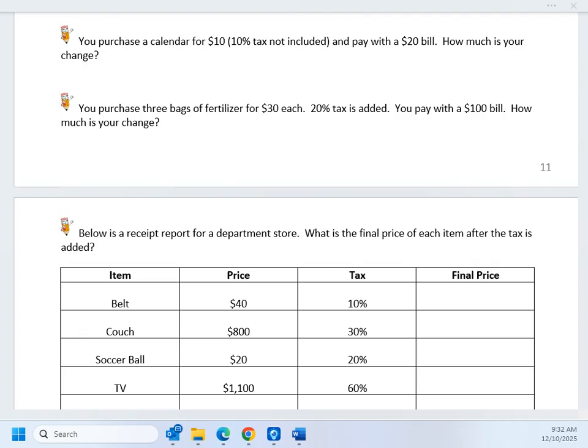Do you have a question or the answer? Okay, we're going to pause just a moment and let our friends catch up. So everybody should be working this out, figuring out what the new cost is. You decide which method you're using.